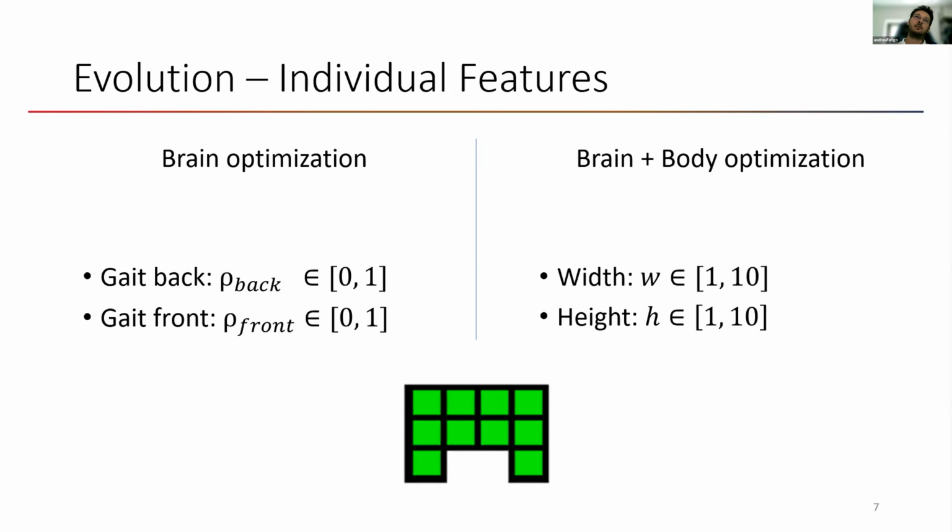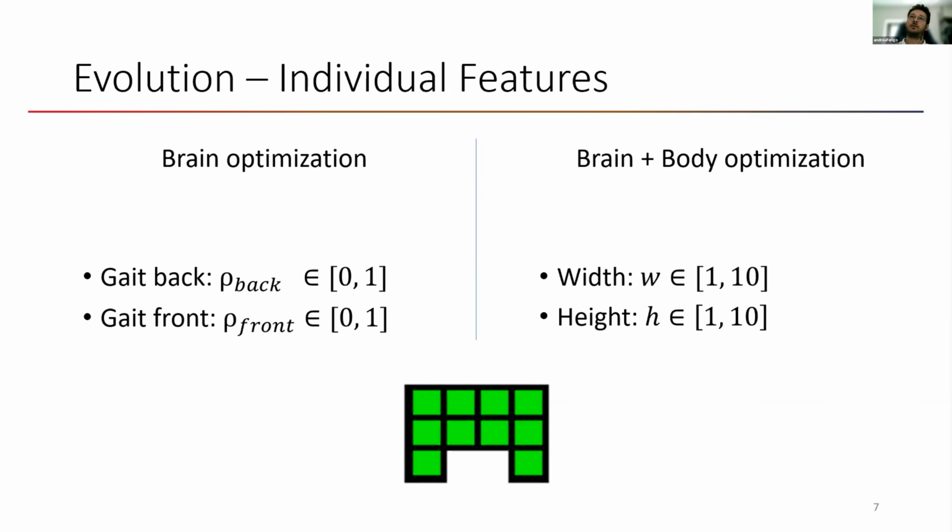In the brain optimization, we used a fixed body, which is the one in the figure here, and we divide the gait on the left, so the back, and on the right, which is the front of the robot, as the robots move from left to right.